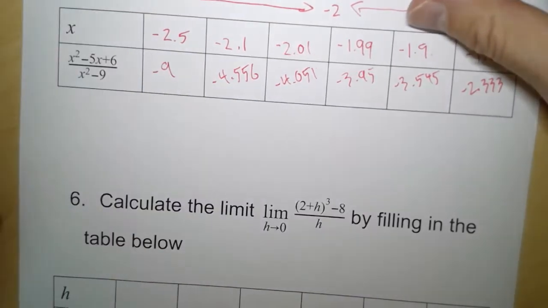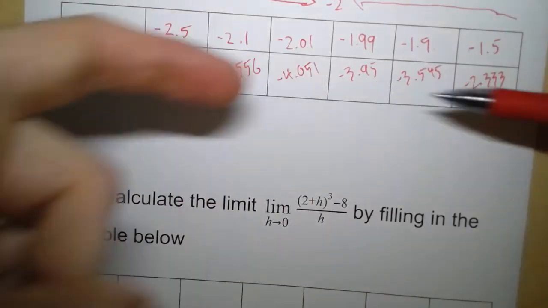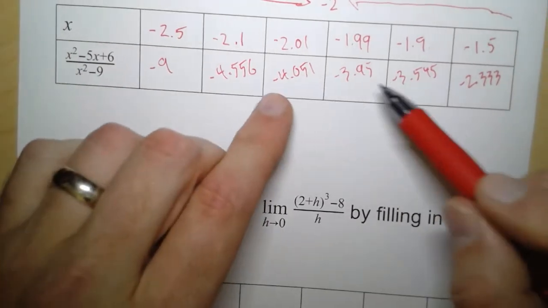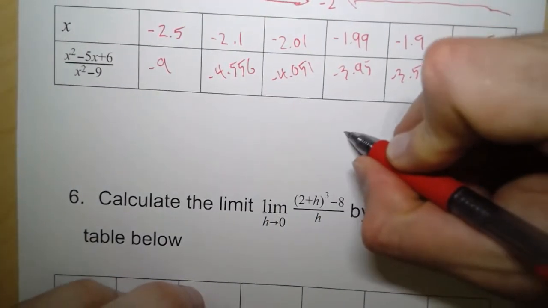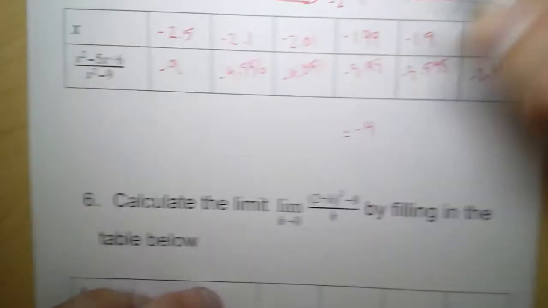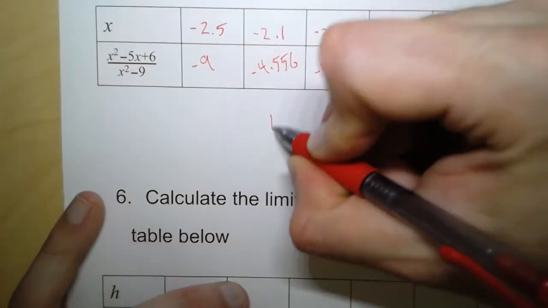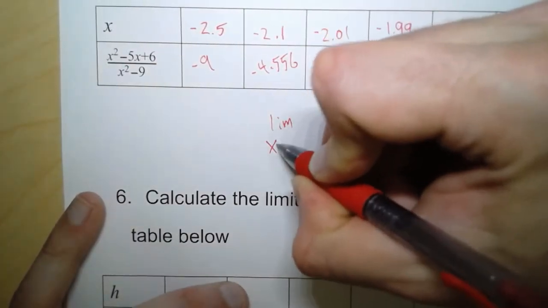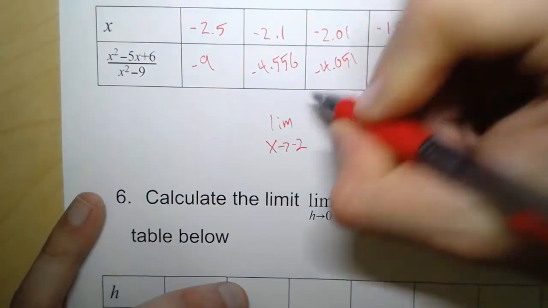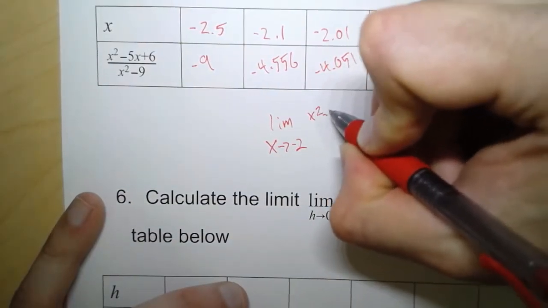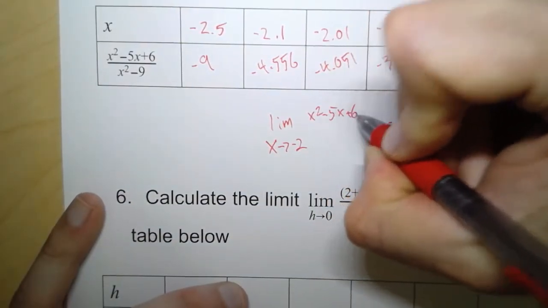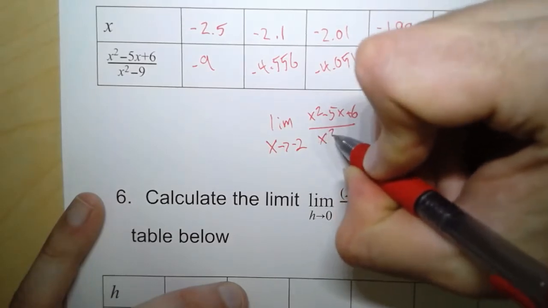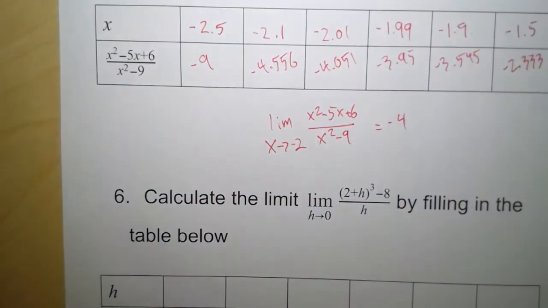So, as we approach -2 from both sides, this thing seems to be getting closer and closer to -4. That appears to be our limit. So the limit as x approaches -2 of x squared minus 5x plus 6 all over x squared minus 9 is equal to -4.